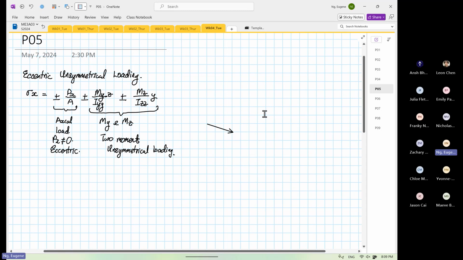Let me see what's the best way of sketching this. I'm not getting the orientation right.